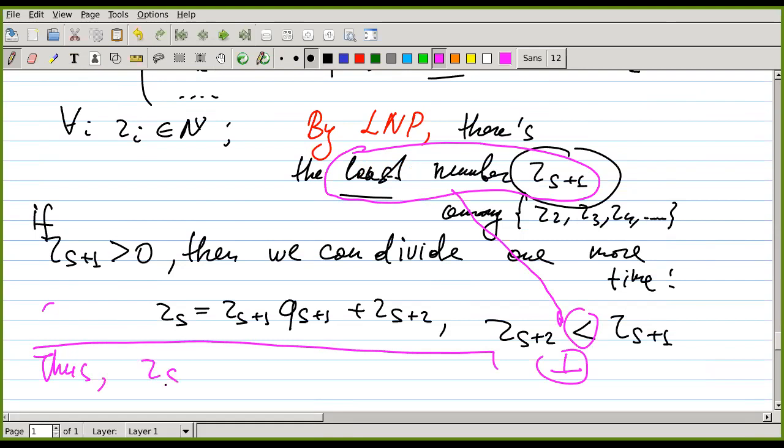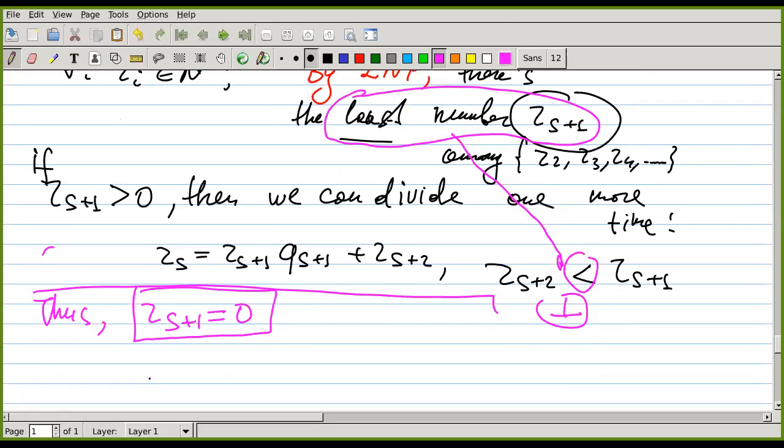Yes. Thus, the least remainder must be 0, but all the previous division steps were possible. That means that all the previous remainders from r2 up to rs were greater than 0. Is it clear? Yes.